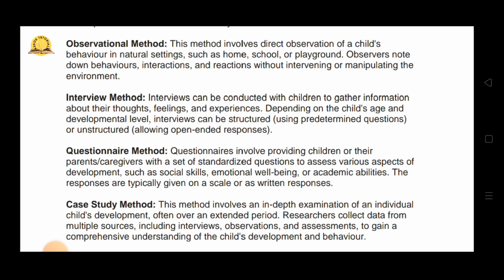So we can put certain kinds of questions relating to different fields to analyze and conclude something from the questions and answers we get out of this test known as the questionnaire method.